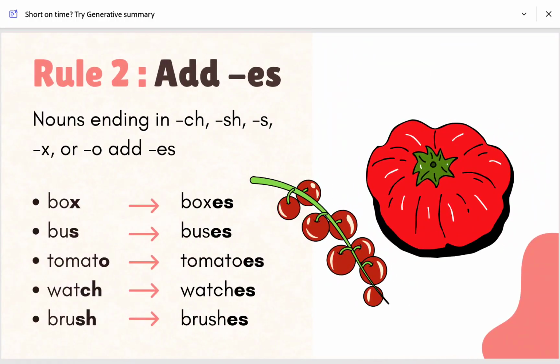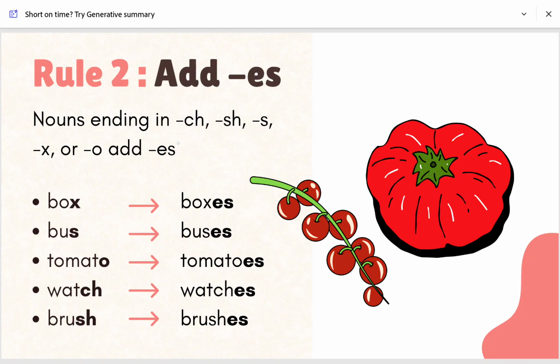Okay. So in the second rule, let us understand that not all nouns become plural by adding only s. There are exceptions. When a word ends with ch, sh, s, x, or o, we add es to mean that it is plural.